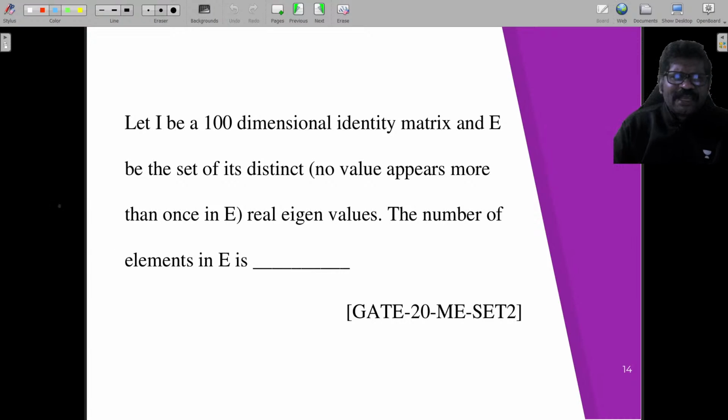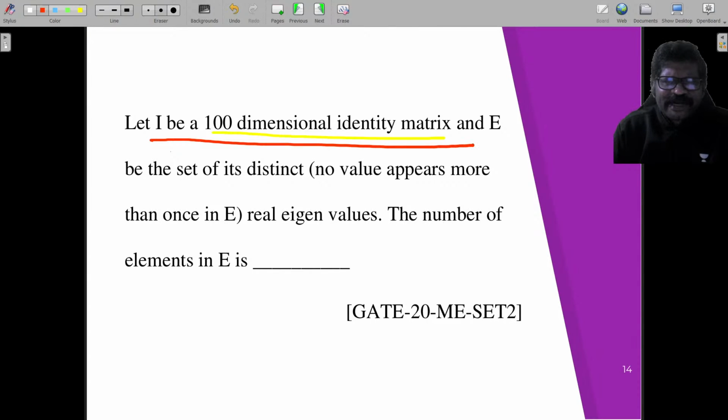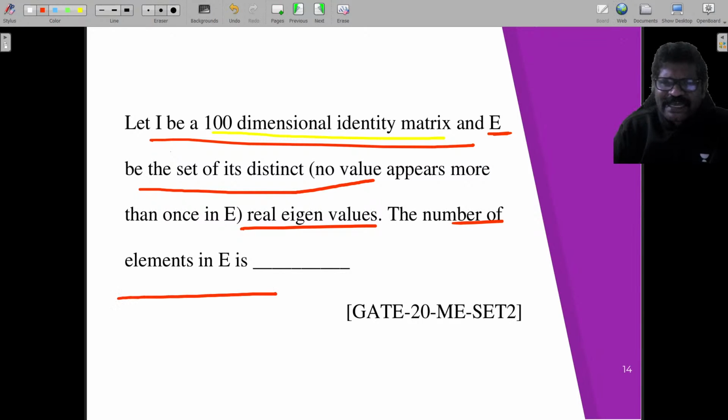Let I be the 100-dimensional identity matrix. E is the set of its distinct real eigenvalues, then find the number of elements in the set E. Simple problem.